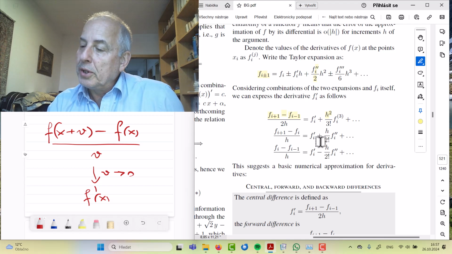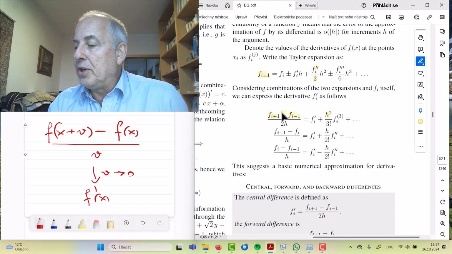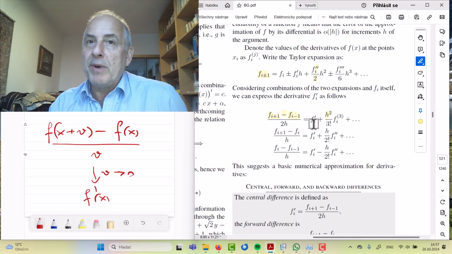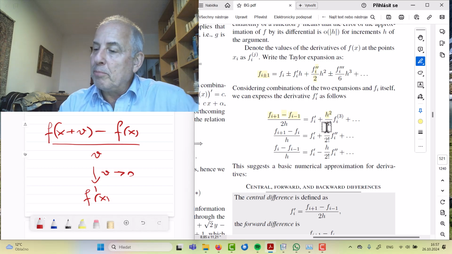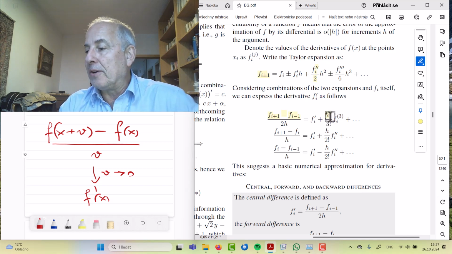So you see that the so-called central difference, which we compute here, approximates the derivative in the asymptotic precision of big O h squared.